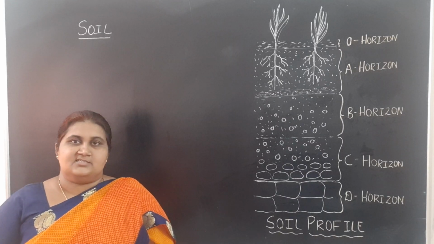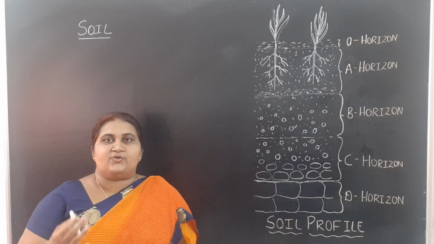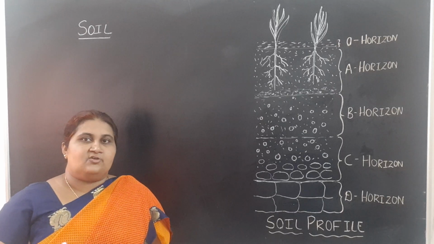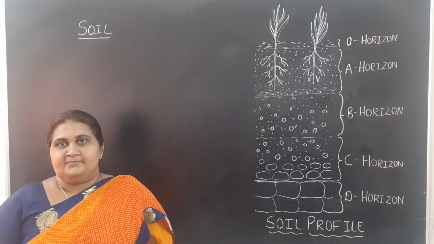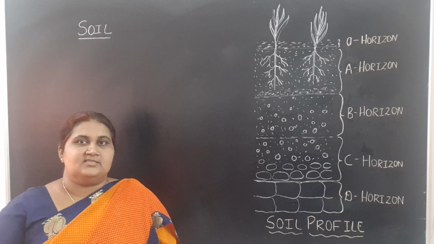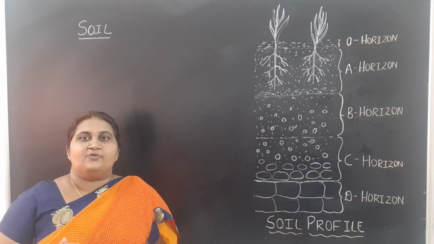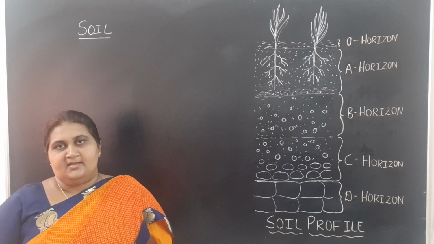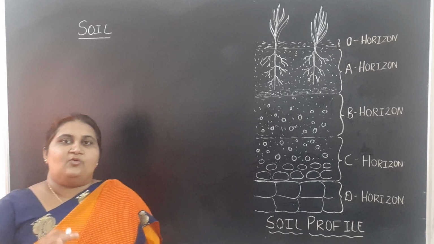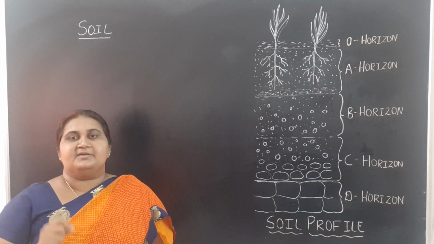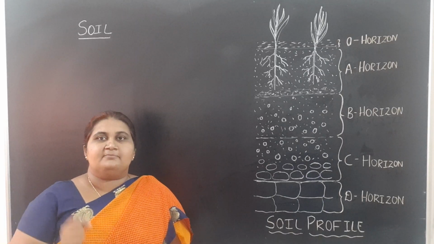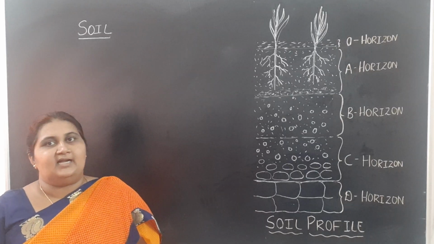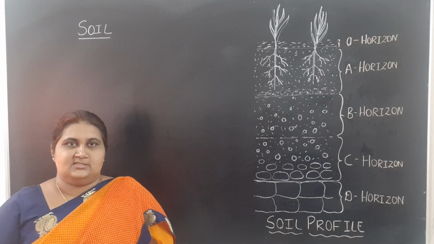Based on the size, we can classify the soil into different types: clay soil, sandy soil, silt, and one more, loamy soil. The combination of all these soils is loamy soil. So what type of plants can be grown in a particular region can be determined by soil composition, soil pH and weathering process.